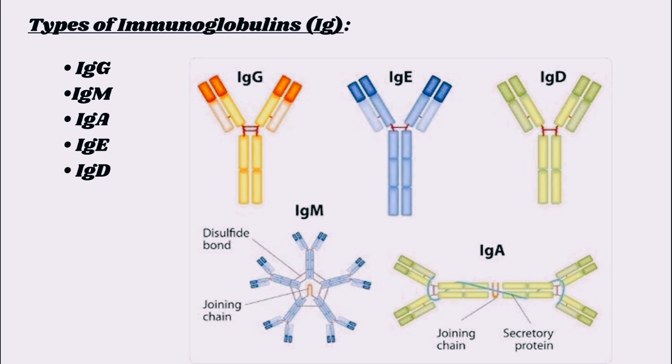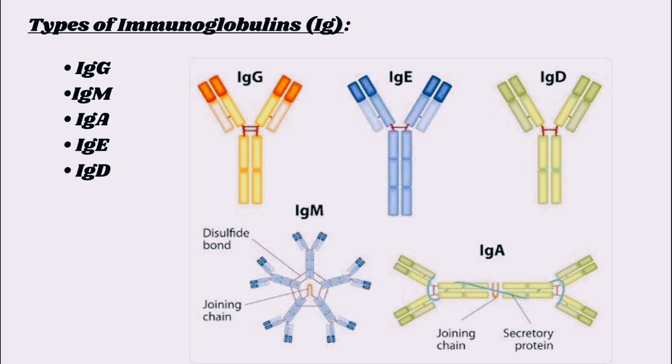If you see the structure of the different types of immunoglobulins here, IgG, IgE, and IgD are all monomers, meaning they have only one Y-shaped structure. But IgM has 5 Y-shaped structures, so it is considered a pentamer, joined by the J chain, or the joining chain.